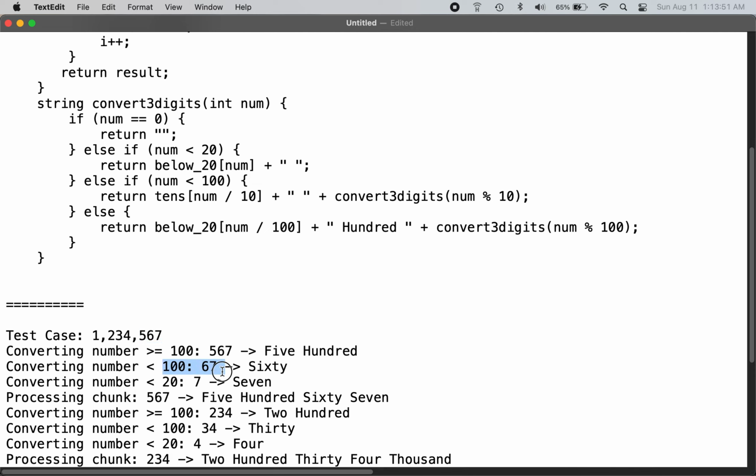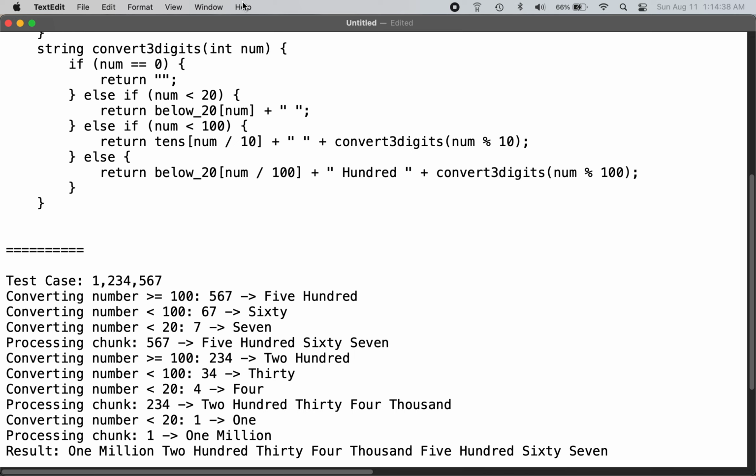If the number is greater than 100 first, it becomes 500 here, and then it becomes 67. So you get 60, and then you get 7. I think this one can be replaced with below 20 num percentage 10, but let me figure that one out. I think that should also work.